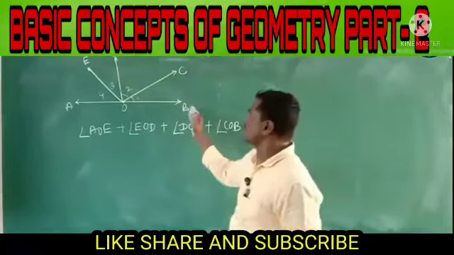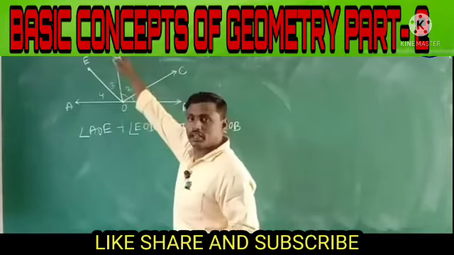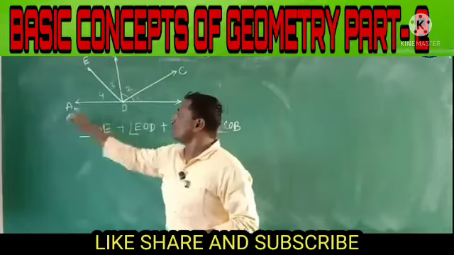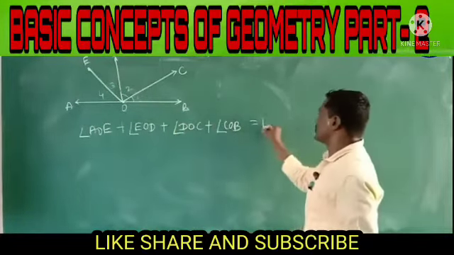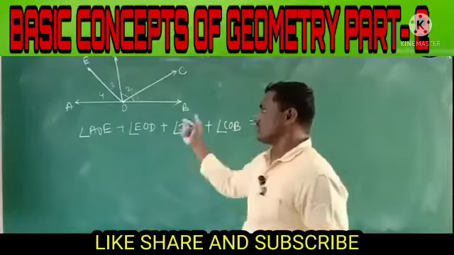You can also consider BOC plus COD plus DOE plus EOA, the sum of all four angles, which is always equal to 180 degrees.